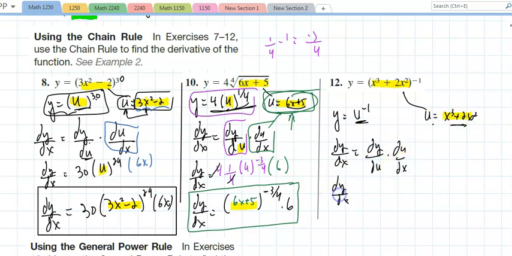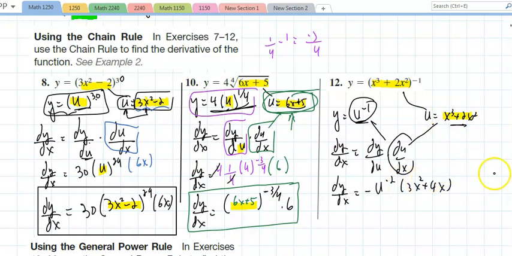Dy dx, wouldn't that be bring the power down, subtract 1 from the power, times the derivative of this function, du dx? The derivative of that is 3x squared plus 4x.